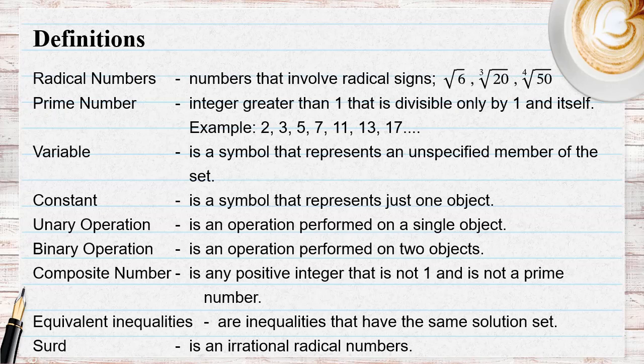Binary operation is an operation performed on two objects. Composite number is any positive integer that is not 1 and is not a prime number. Equivalent inequalities are inequalities that have the same solution set. Surd is an irrational radical number.